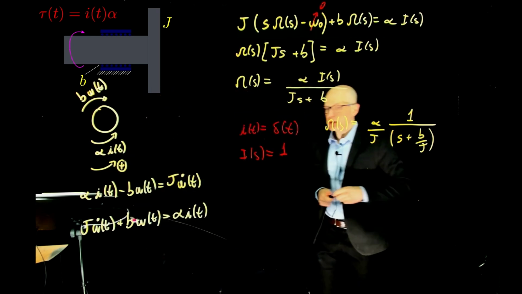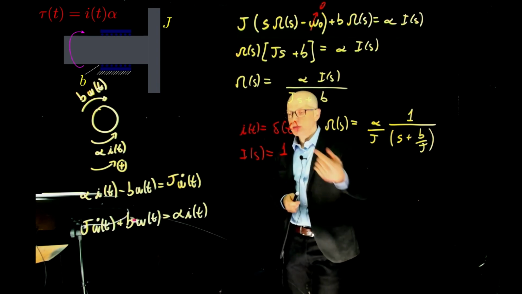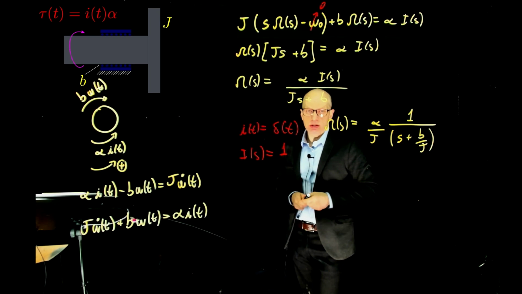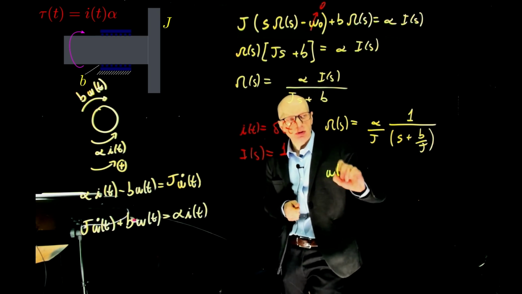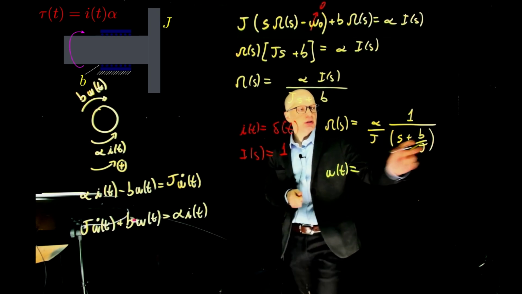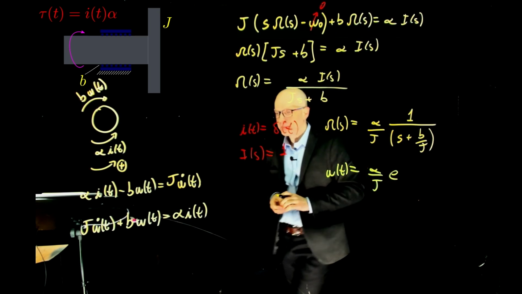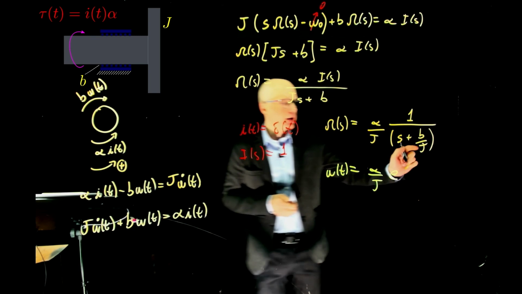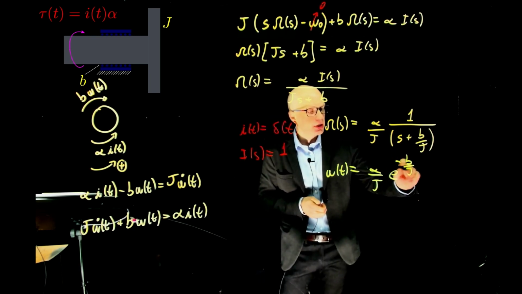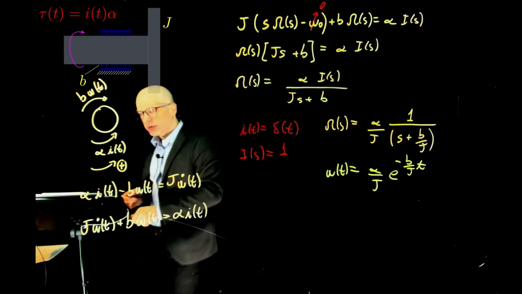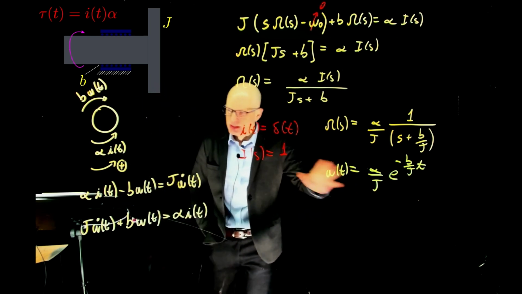Now we can find the speed of the motor, or the time response for an impulse excitation, that is omega of t. And omega of t is the inverse of this, which is exponential of negative b over j times t. What does this represent? That's the impulse response.